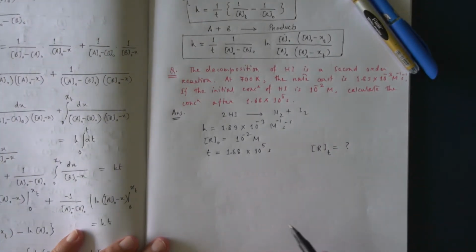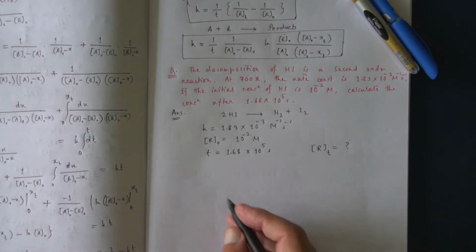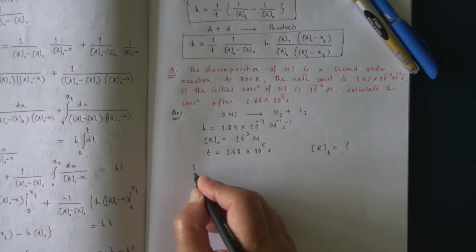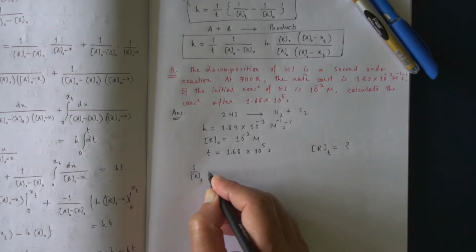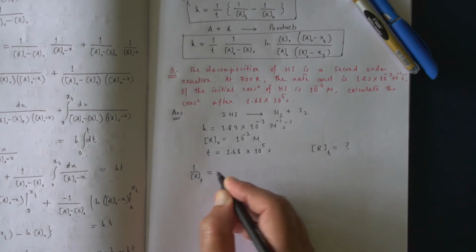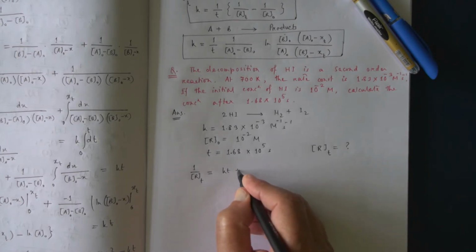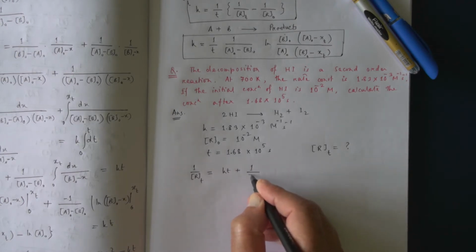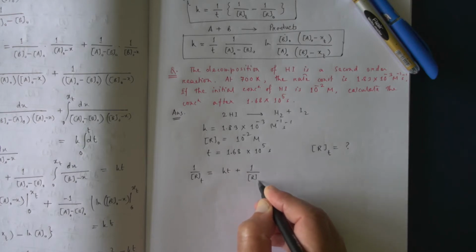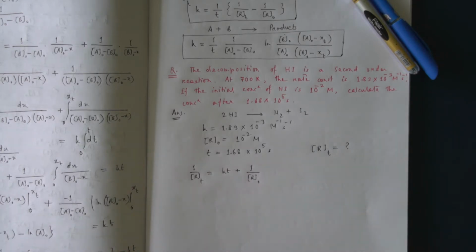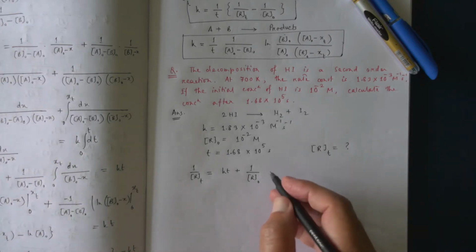So very simple, you can use this relation: 1 by [A]t equals kt plus 1 by [A]0.